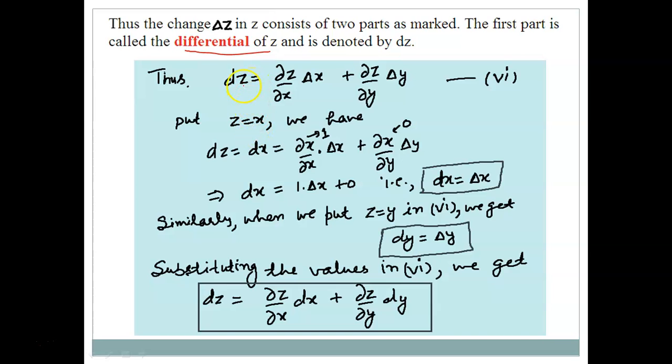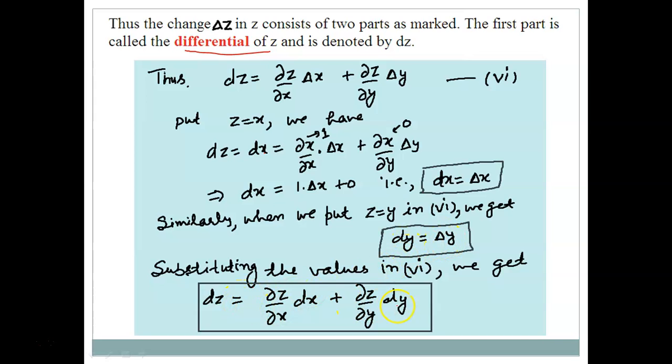If we take z equal to x in this equation, dz becomes dx, and here it becomes partial x by partial x times delta x, and here partial x over partial y, but the partial derivative of x with respect to y will be 0. So this part is 0 and this is 1, so we can write dx equal to delta x. In place of delta x you can write dx, and similarly in place of delta y we can write dy.